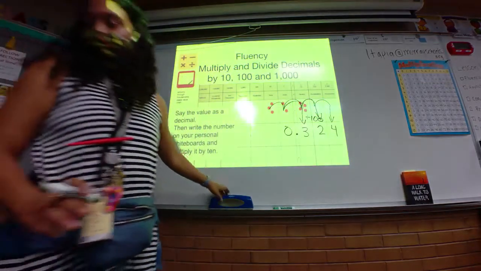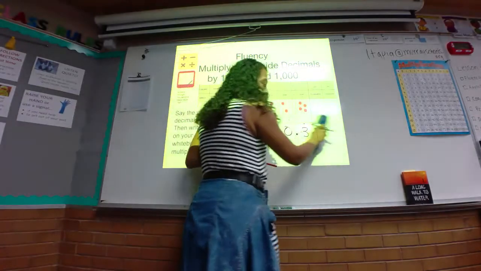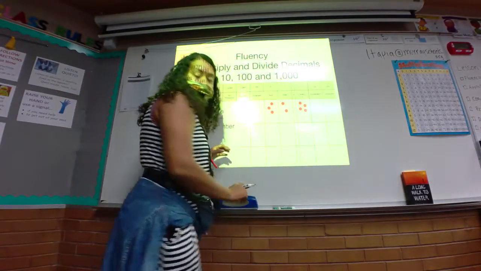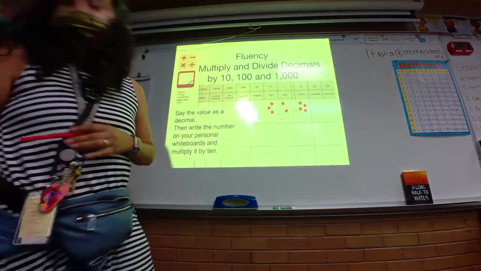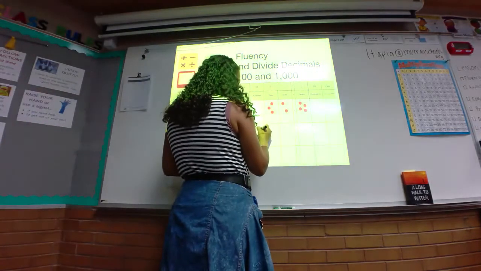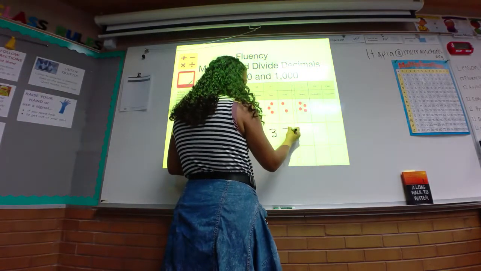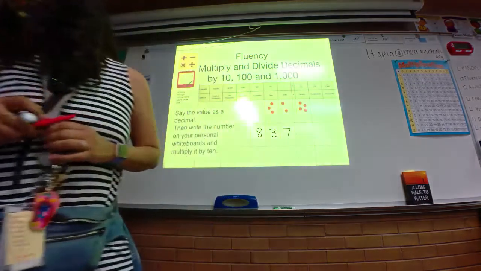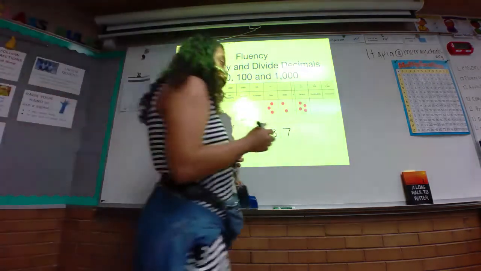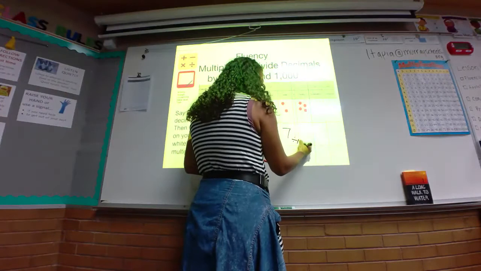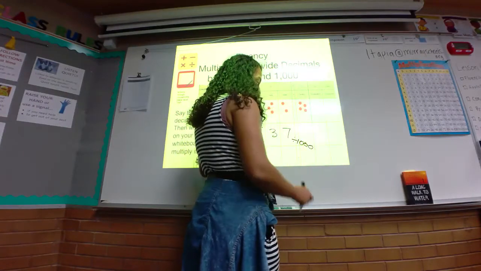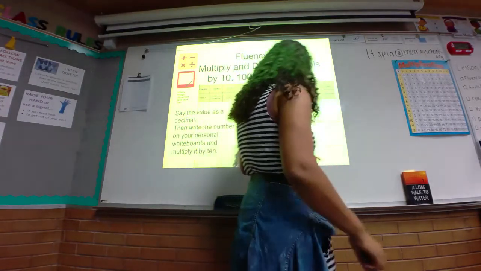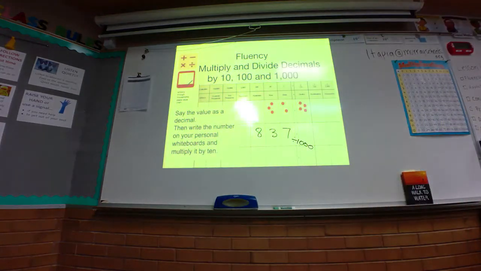All right, let's try another one, but wipe it all off. This time we're going to do 837. Write it down. Divided by 1,000. 837 divided by 1,000. So go ahead and do it.